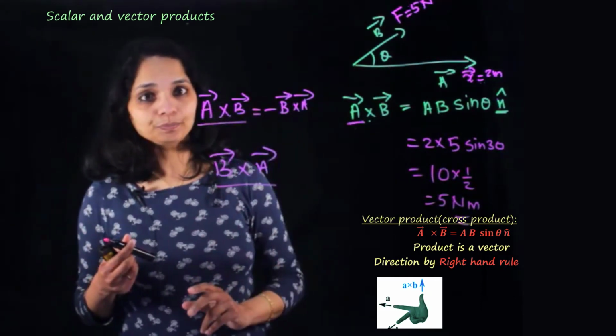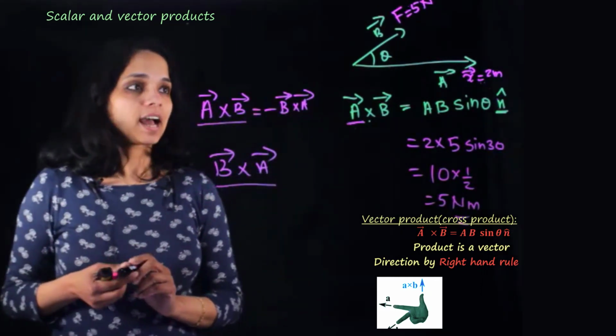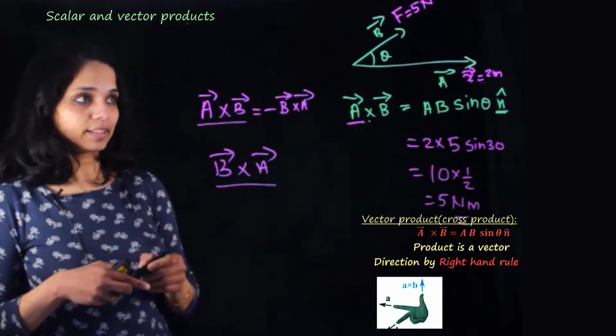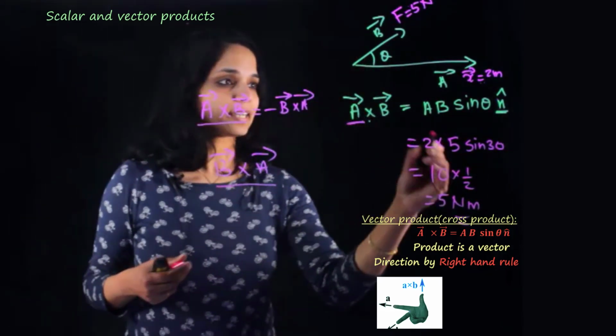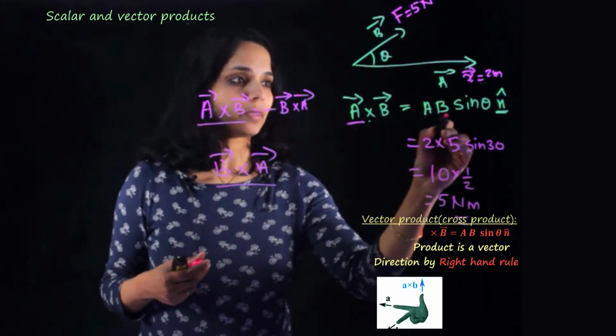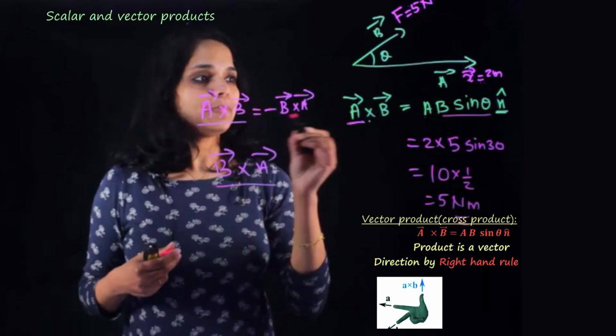Another thing, if you look carefully at this one, A cross B is A times B sine theta. What is this B sine theta?